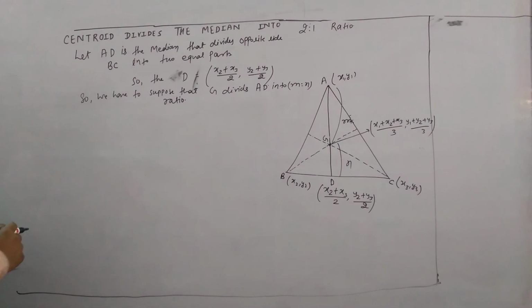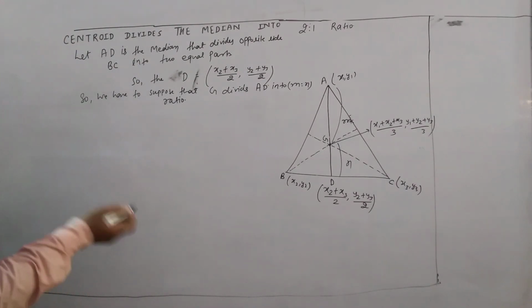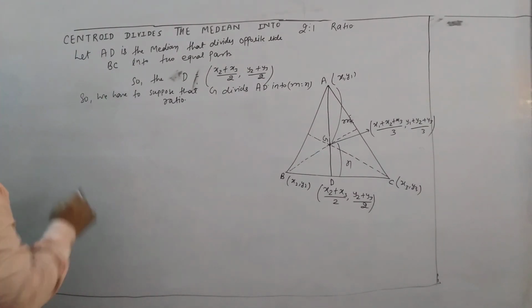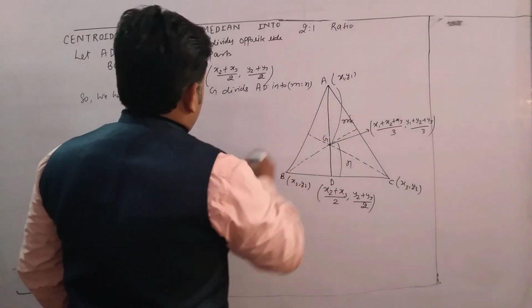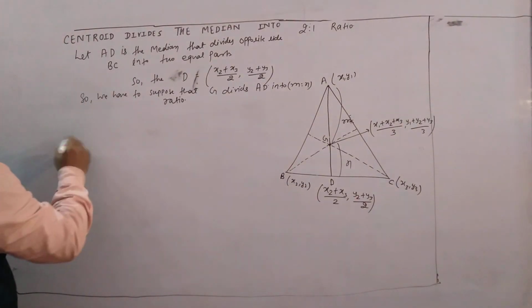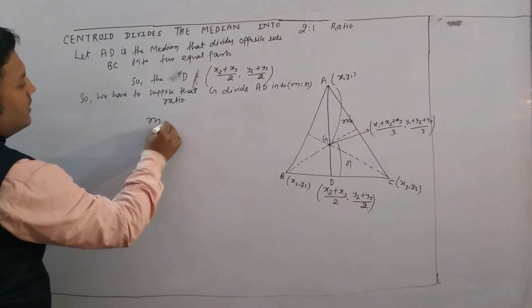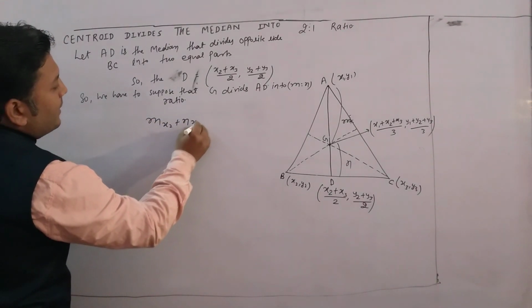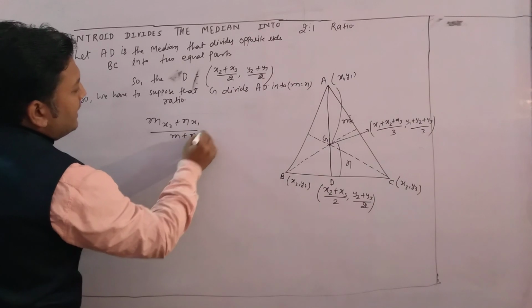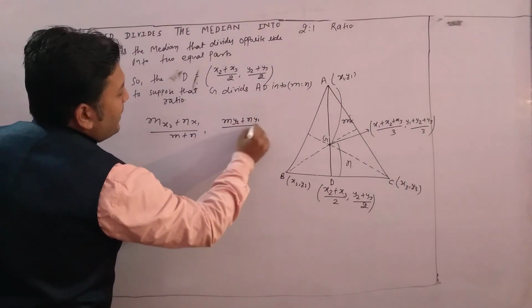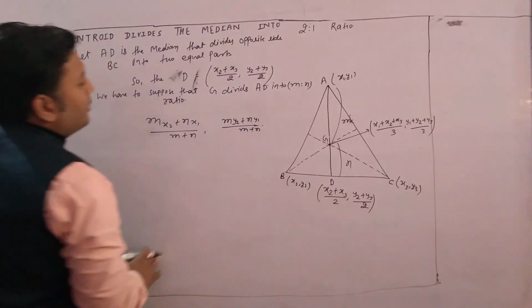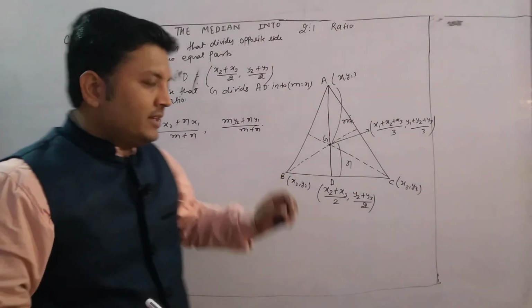Now, from the section formula, we know that what is the section formula? Section formula is mx2 plus nx1 by m plus n and my2 plus ny1 by m plus n. That is the section formula of a point.